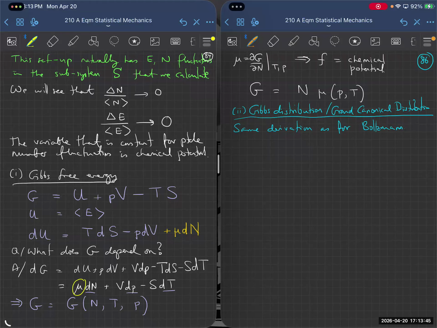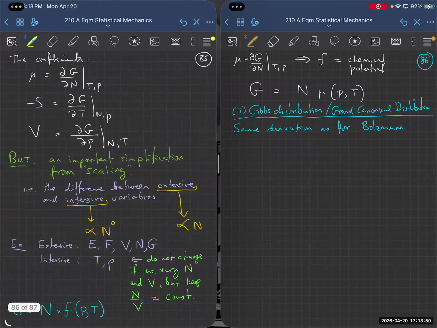And because of that, that means that mu has to equal dG by dn at fixed T and P. Okay, so then if I take the derivative of n times f of P and T and say that has to equal mu, then the function f must be the thing that we're calling the chemical potential.